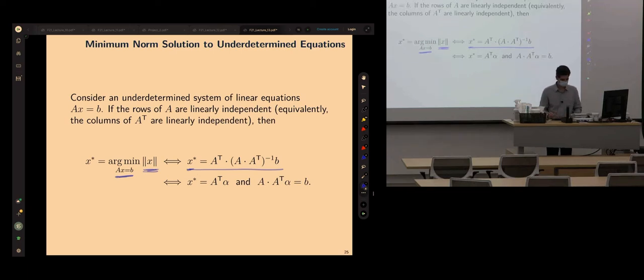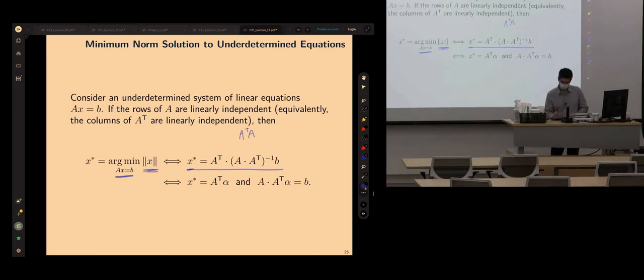Do you notice any difference with the least squares solution? Previously, we had A transpose A, right? Now we have A transpose. So it's like a mirrored version of that.